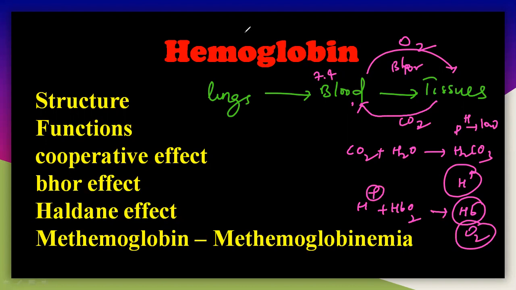That is nearly neutral. So what happens if the blood pH is decreased? Let us take if the blood pH is 3.4. That means an acidic condition is developed here. The reason for the 3.4 is that there is a huge amount of protons, a huge amount of carbonic acid. That means there are a lot of protons.